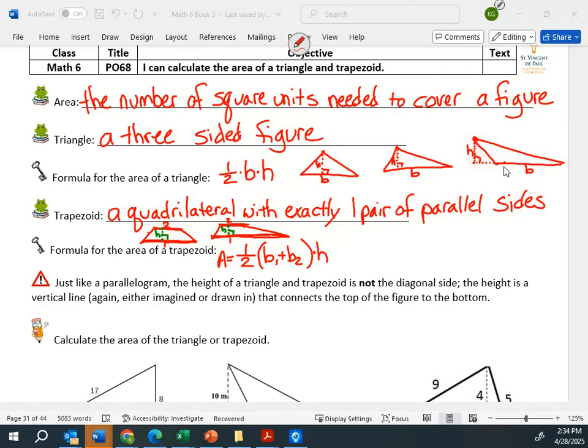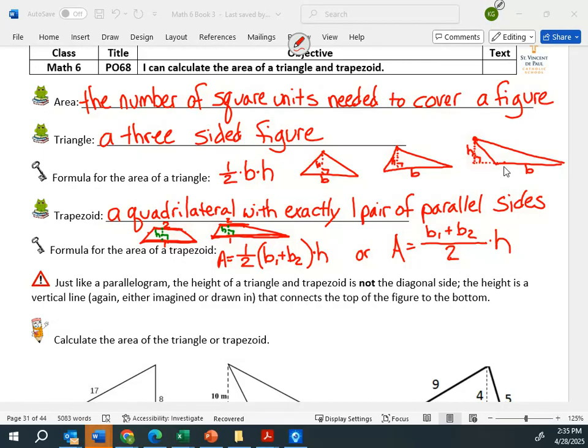Now, I said there are two ways to do the area of a trapezoid. This is one way to do it, or some people like to write it out a little bit differently, and they would say base 1 plus base 2, then we divide that by 2. So over here we said a half, over here we're saying divide it by 2. It means the same thing, and then we multiply that by the height.